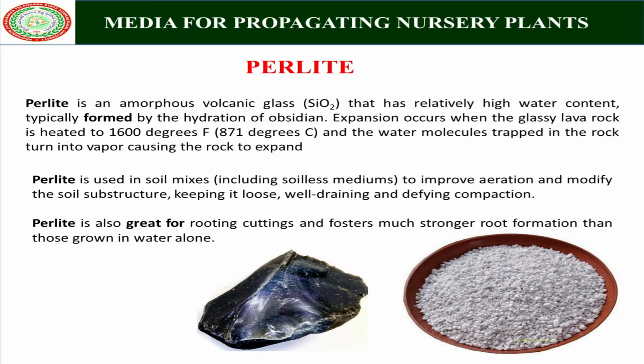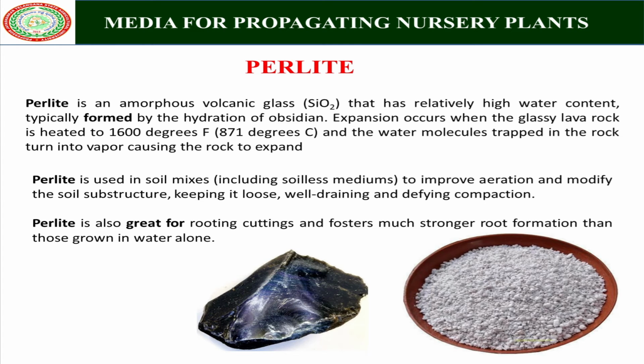Usually this perlite is mixed with the soils. It can also be mixed with soilless mediums for improving the aeration and also for modifying the soil structure. It will keep the soil loose and aerated so that it can be mixed with heavy soils to make your soils loose and aerated, and also it can reduce the compaction of the soil.